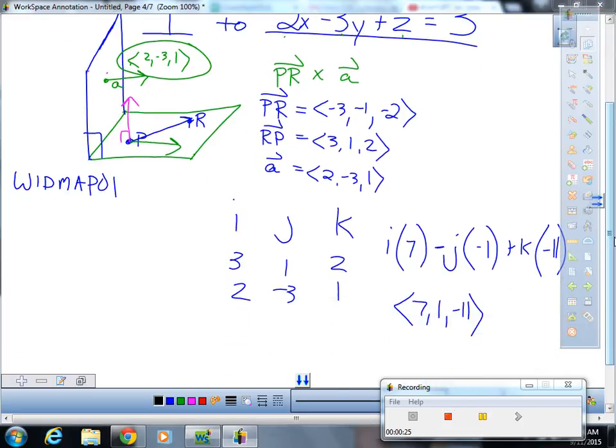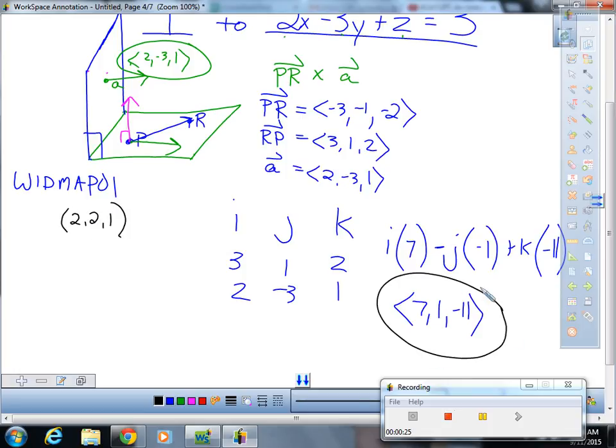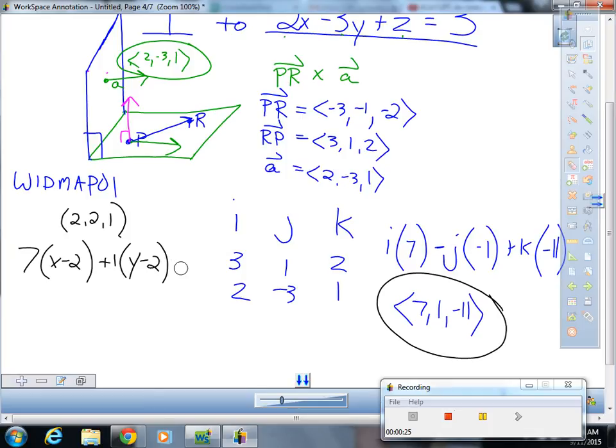Okay, we're going to use the point 2, 2, 1. And this vector right here. And that's going to give us 7 times x minus 2 plus 1 times y minus 2 plus negative 11 times z minus 1 equals 0.